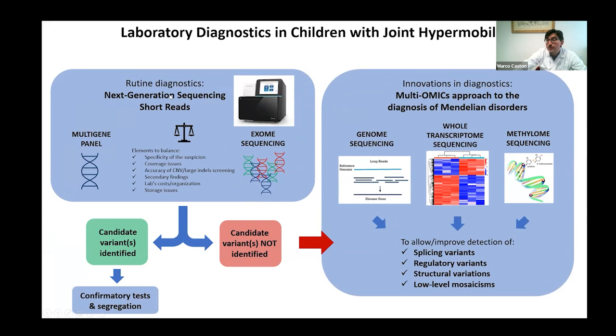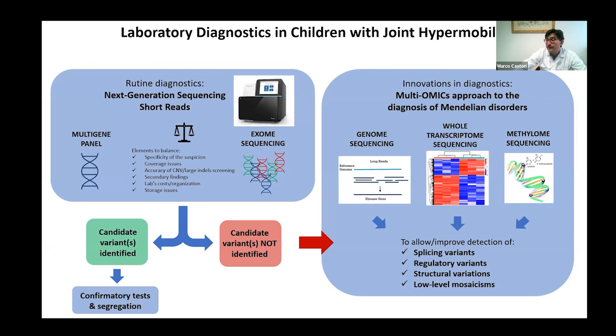The choice between multi-gene panel and exome is influenced by a series of technological, technical, and clinical factors, such as the specificity of the suspicion, coverage issues, accuracy of copy number variation screening, the risk of secondary findings, costs, and storage issues that might vary from one laboratory to the other.